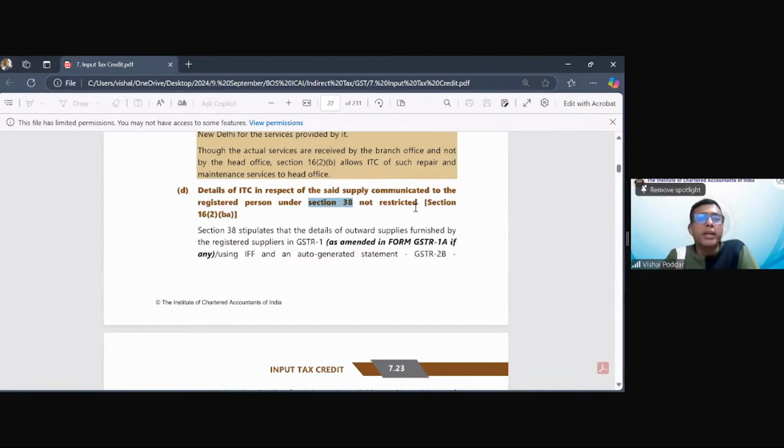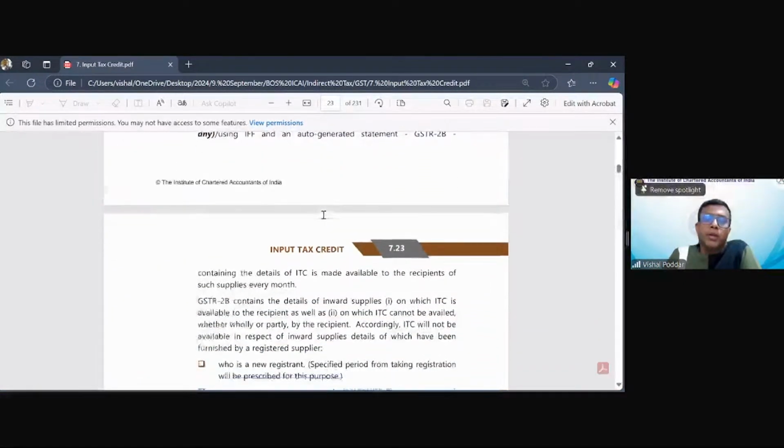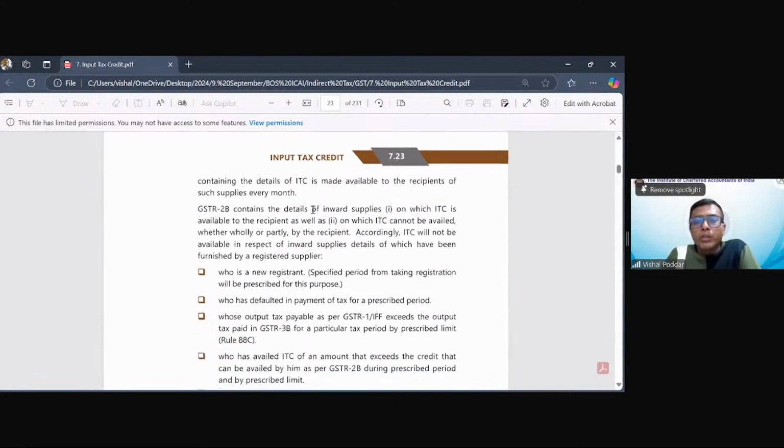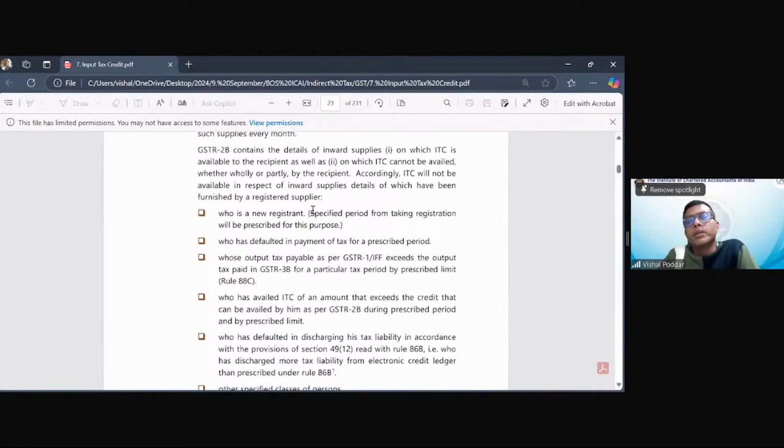So for getting the credit, you should have also satisfied the condition of section 38. This is point number D. Now, what is 38? They have reproduced it over here. Important point is 38 has not yet become effective. How it has not become effective, I'll explain.